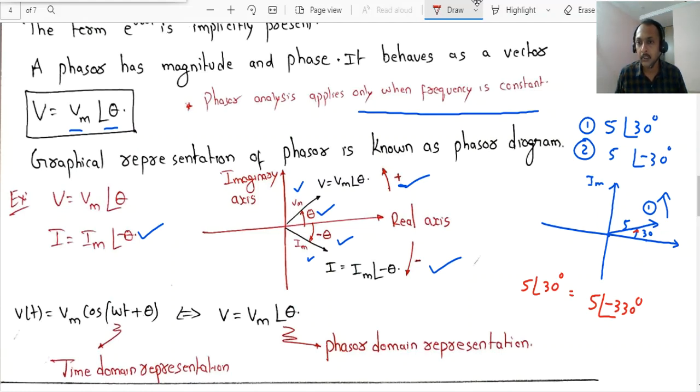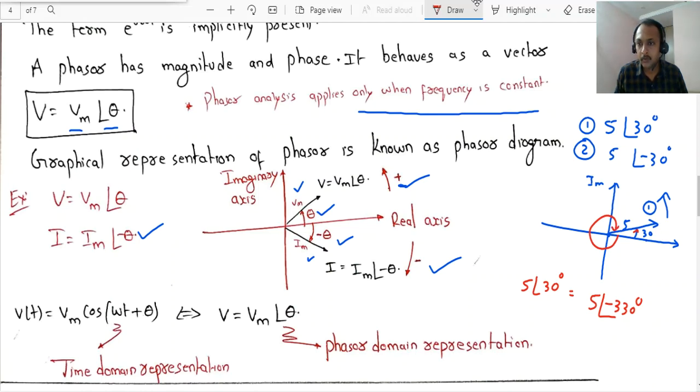Out of 360, you just simply subtract the 30 degrees. 360 minus 30, 330. That means, for example, the length is 5, but the angle is how much? This angle.